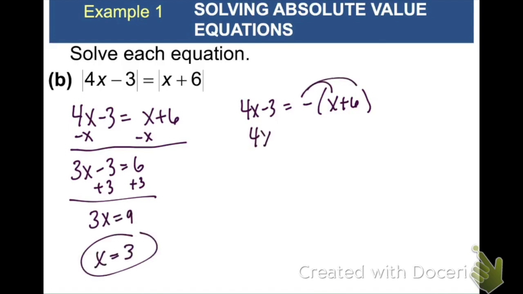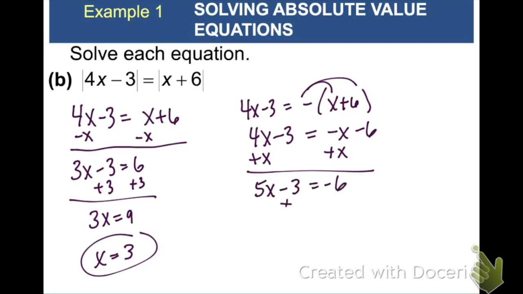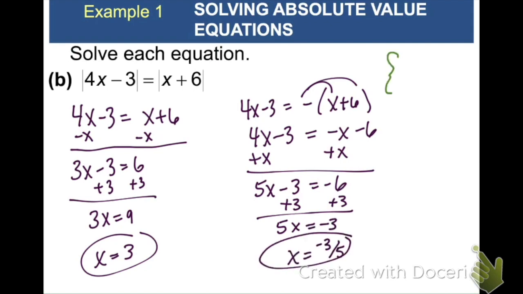Make sure to distribute your negative. So our final solution set for our answer is going to be the set of negative 3/5 and 3.